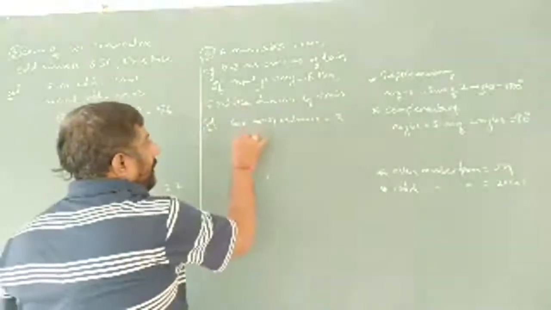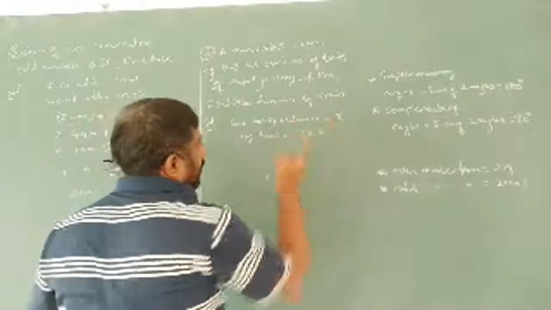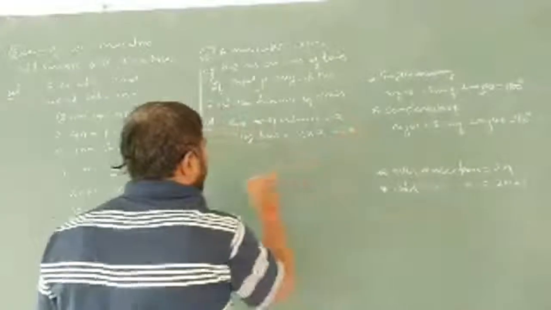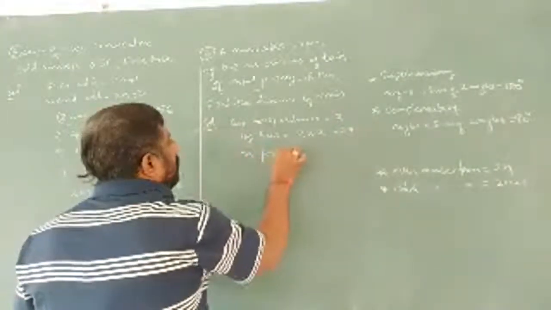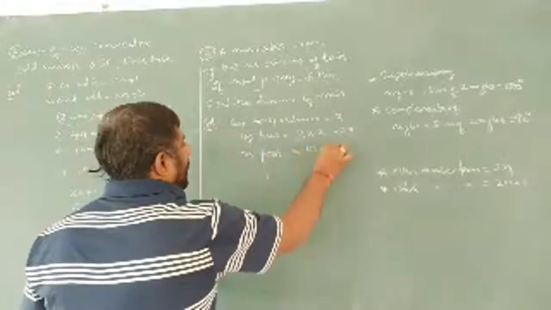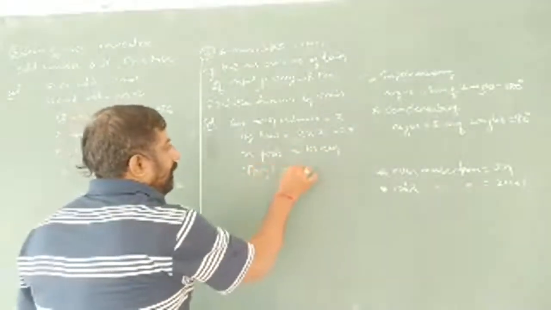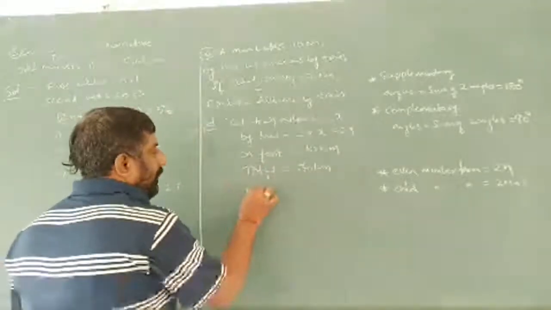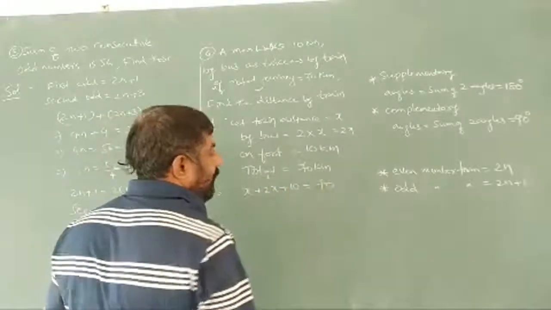Now by bus, it is already given as double the train, nothing but 2 into x, we will get 2x, and on foot it's 10 kilometers, total 70 kilometers. Now therefore x plus 2x plus 10 is equal to 70 we will get here.